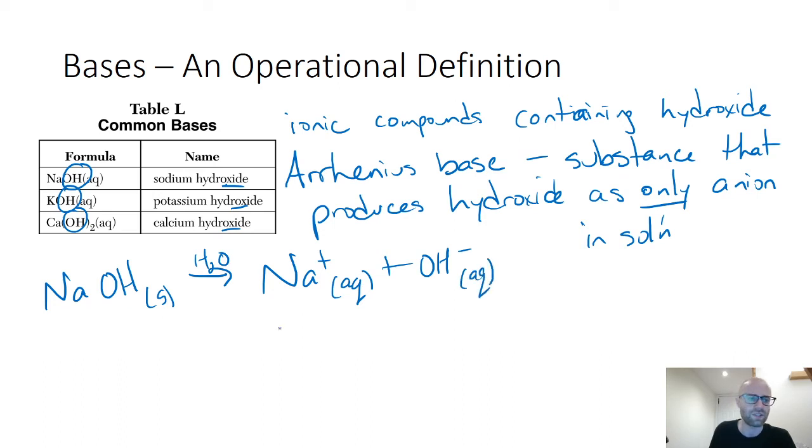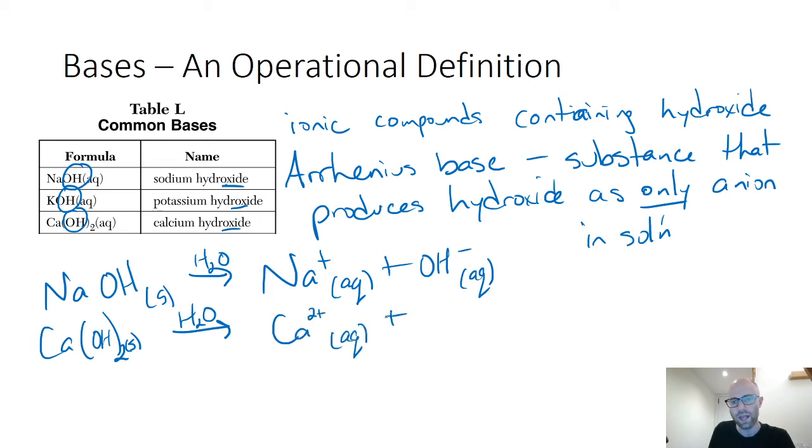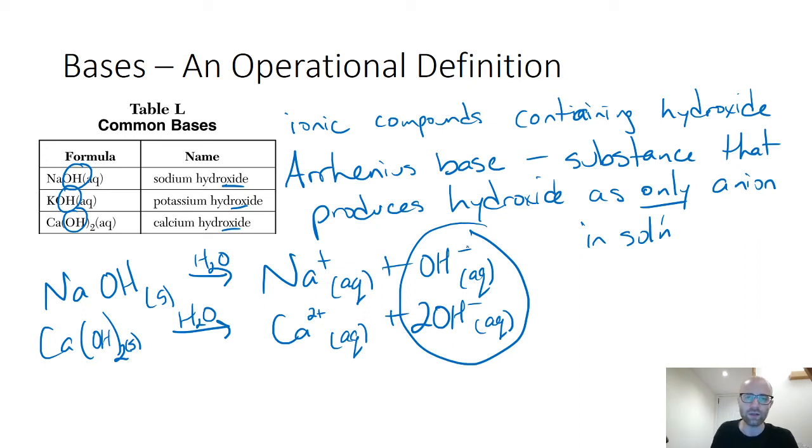And then, similarly, when you dissolve something like calcium hydroxide, stoichiometry being stoichiometry, you would create calcium ions. Remember, calcium's a +2 in group 2, and you get 2 hydroxides. So again, our common thread is this hydroxide ion that gets created when you dissolve.